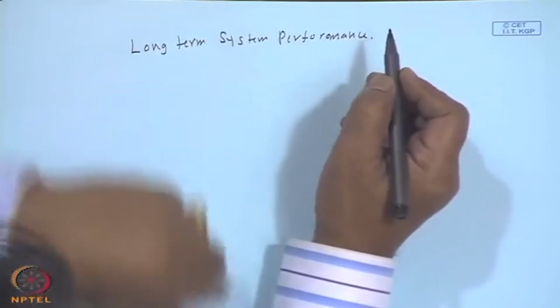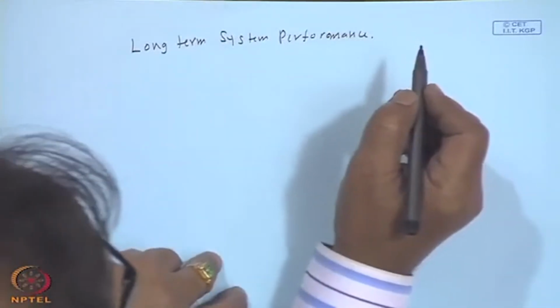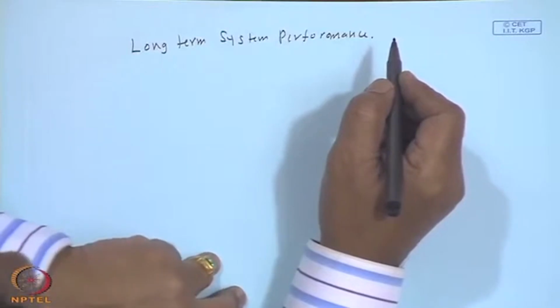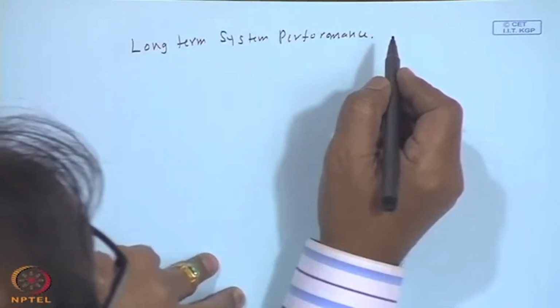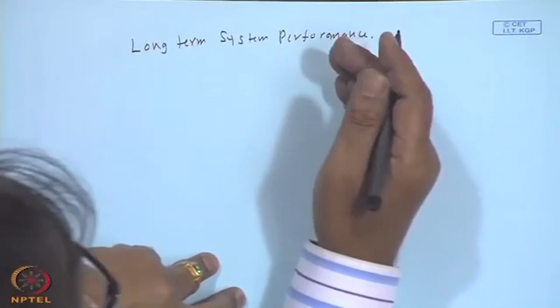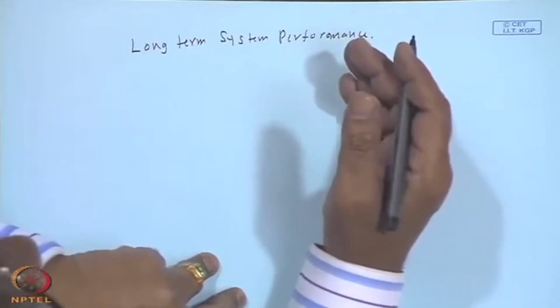I am deliberately avoiding the word prediction of long term system performance, because some people get confused and say what is going to happen tomorrow or day after. It is not that type of a prediction we do, but it is an estimate of a typical system that is likely to deliver so much of energy for a typical climate of that particular location under consideration.